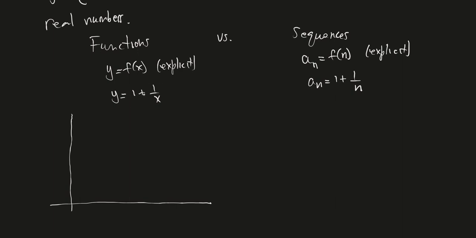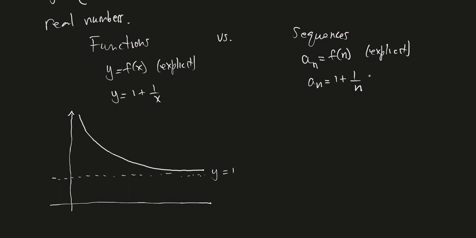So it has a horizontal asymptote at y equals 1, this is the line y equals 1. If we sketch this like we normally sketch a function of a real variable, meaning all real numbers in the domain, then it would look something like this. This would be the graph of y equals 1 plus 1 over x.